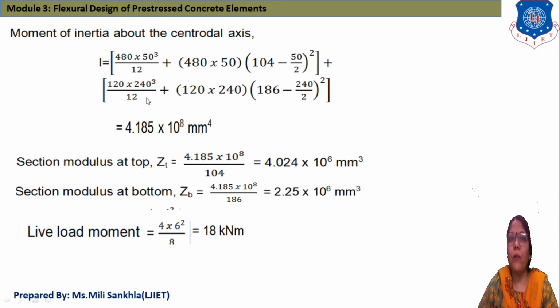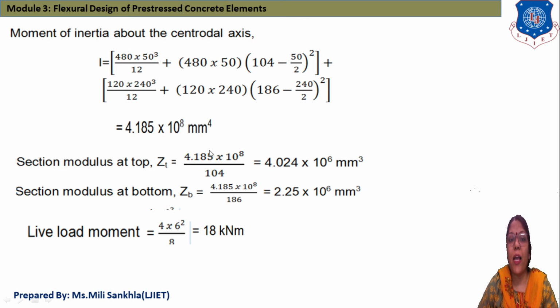Same for our web, BD cube by 12, area A h square, with bottom YB minus 240 by 2. Our answer is the moment of inertia for the total composite section, 4.15 into 10 raised to 8 mm raised to 4.